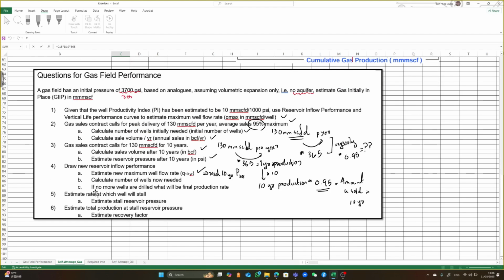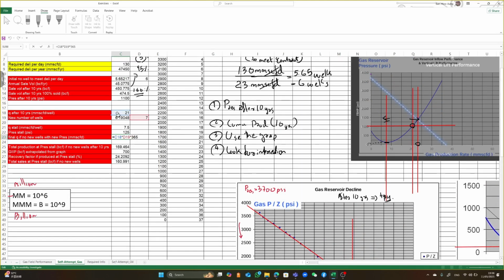So they asked me about the final production rate. What I did was I used the flow rate, which we estimated using this graph intersection of the new reservoir pressure, and it gives us the flow rate of 21, and then we have the number of wells, which is 7, after we estimated how many new wells we need to implement, and then we multiply this with 365 for a year, so it gives us the final flow rate of, okay, actually I made it wrong.